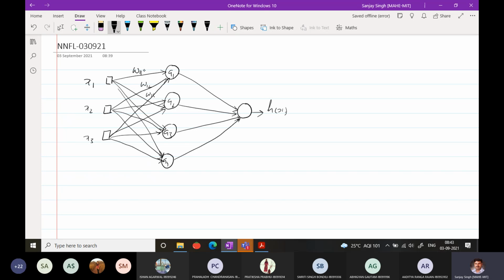So the entire set of weights from the input layer to the hidden layer, this is the input layer, this is the hidden layer, and this is the output layer.